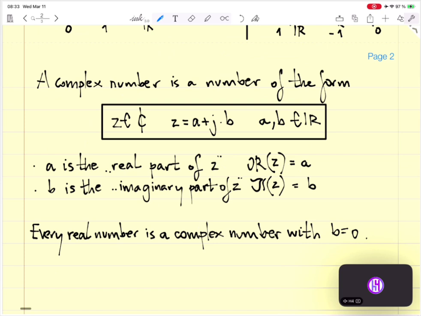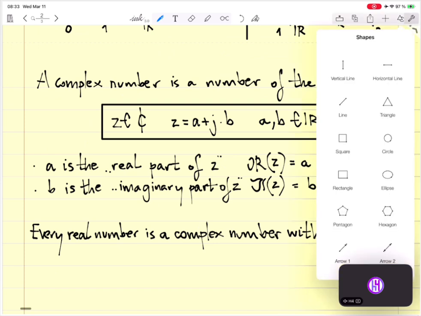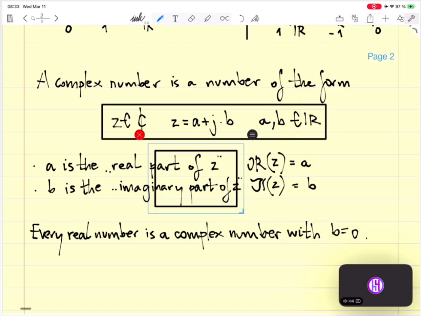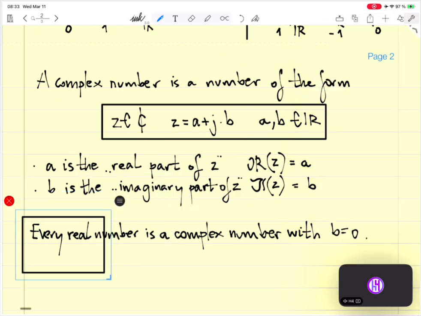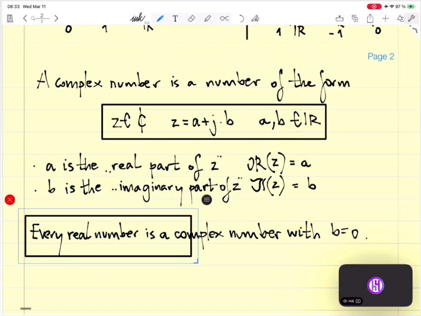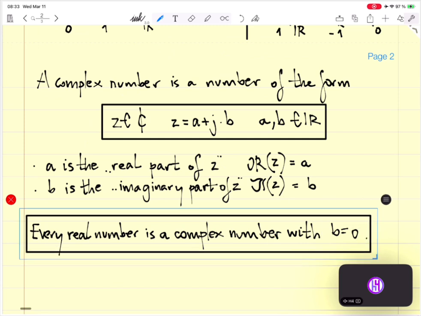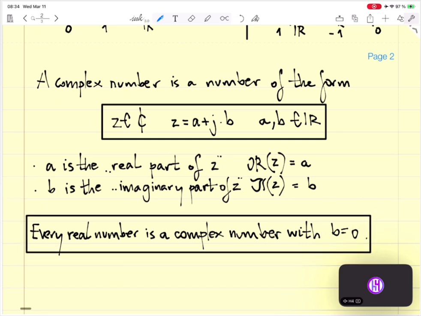This is just a disclaimer, but it's important that you know that the real numbers exist within the complex numbers. So we can write that the reals are comprehended inside the complex. Okay?